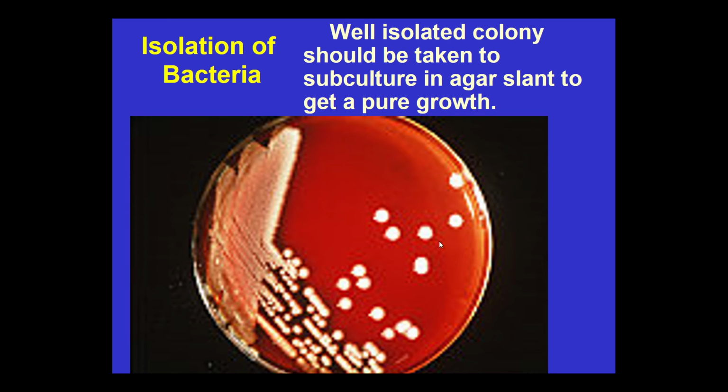But before we use this colony as a pure growth of bacteria, we have to demonstrate microscopically that in a smear taken from this colony and stained, for example, by Gram staining, we see one single type of bacteria. So if we see one single type of bacteria, it means we managed to get them well separated.